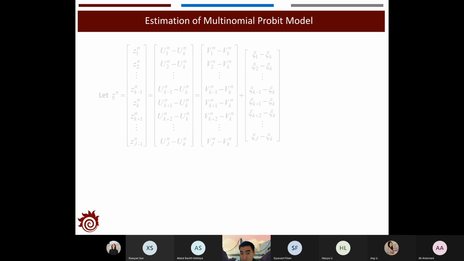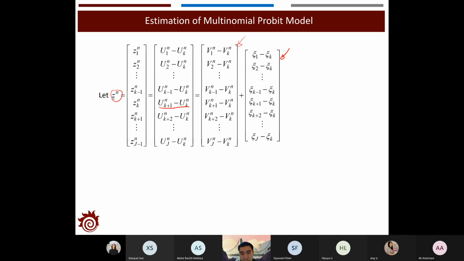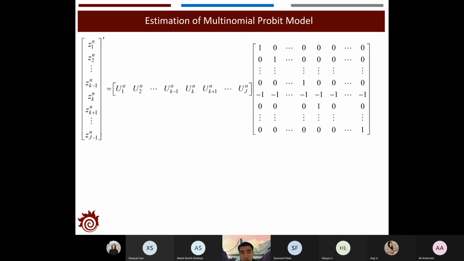And apparently this one is very complicated, and it will not be easy for you to do an analysis. So what we do is we will try to apply the transformation matrix to identify the relationship between the z vector and the utility vector u vector.